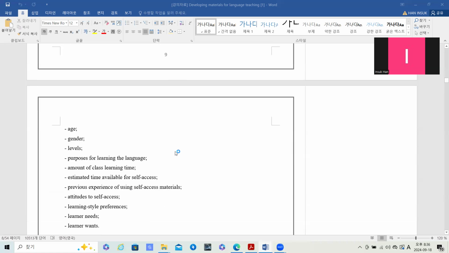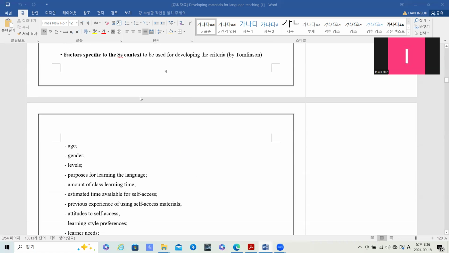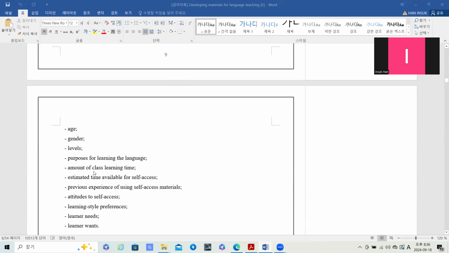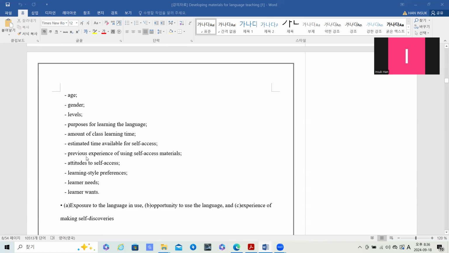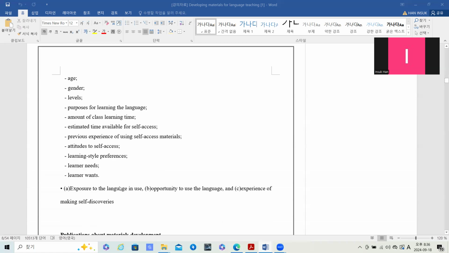So the materials should consider the learner's age, gender, levels, purpose for learning the language, sometimes amount of class learning time, estimated time available for self-access, previous experience of using self-access materials, attitudes to self-access, learning style preferences, learner needs, learner wants.